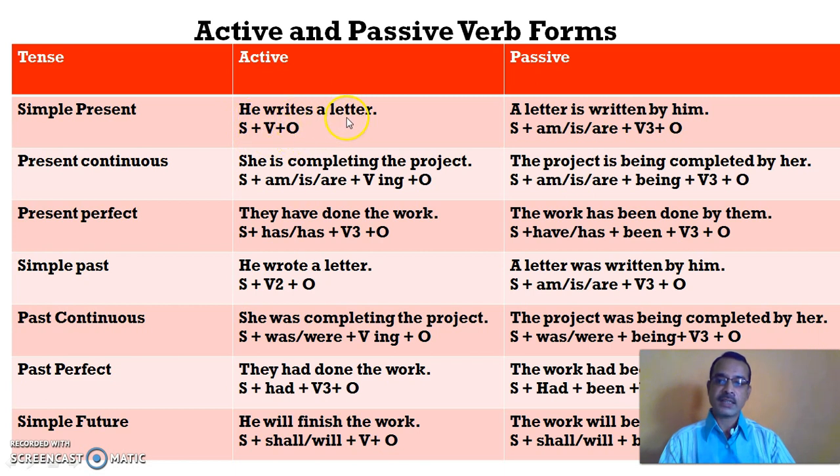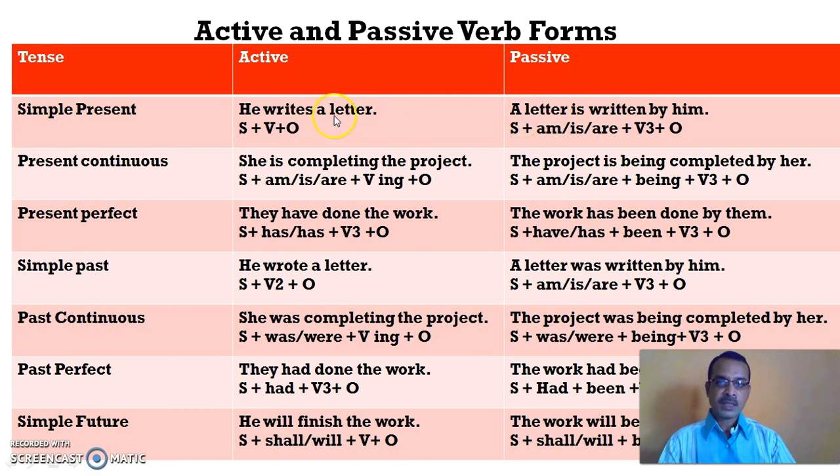He writes a letter. It is very important in active and passive voice to identify the subject, verb and object of that particular sentence or example. So the answer of this sentence will be like this. This is the object, a letter. It will become the subject of this passive voice.